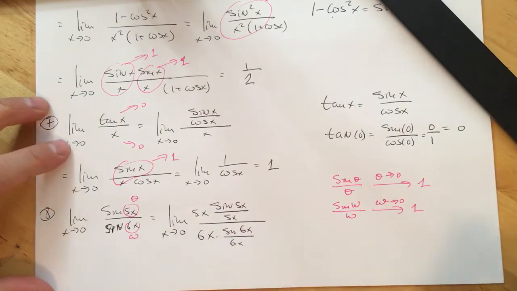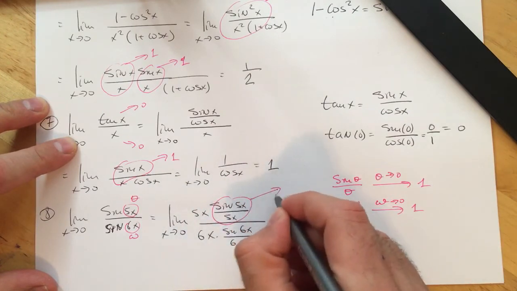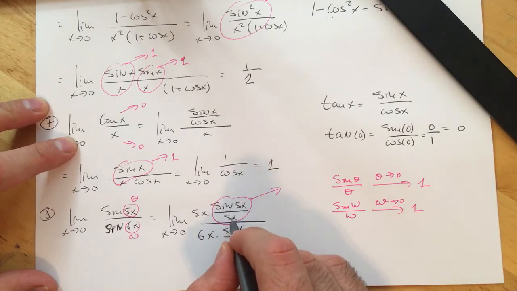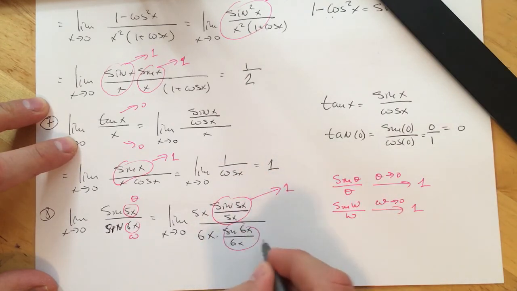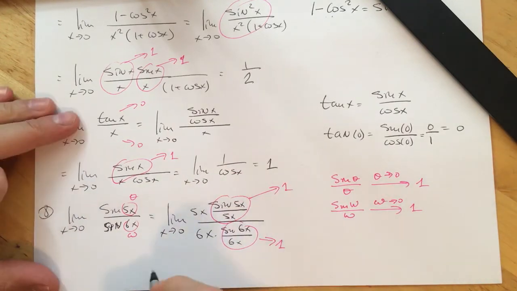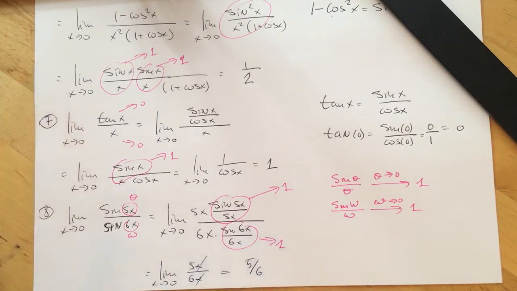But now, as x goes to 0, this angle 5x shrinks to 0. Sine of theta over theta goes to 1. By the same logic, this one goes to 1. And now this limit here is very simple: limit of 5x over 6x as x goes to 0. You cancel the x, giving you 5 over 6. The answer is 5 over 6.